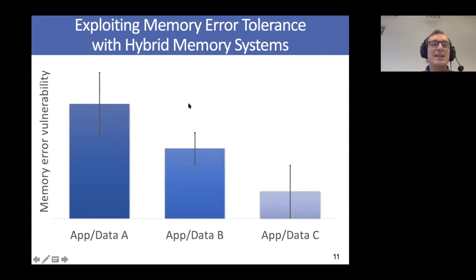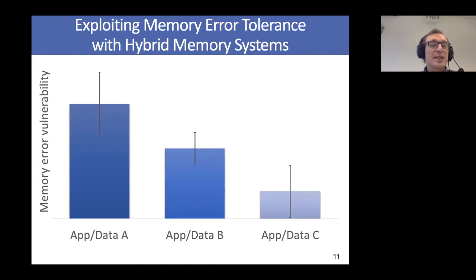If you look at applications, not all data is the same, and we've talked about errors in the past lecture. We're going to talk more about that. But let's assume that you have some bit flips in memory. They could be random bit flips, could be induced because you reduce the refresh rate, or could be for whatever reason.